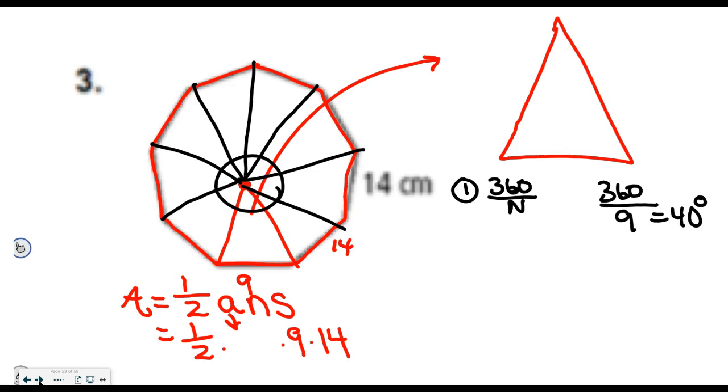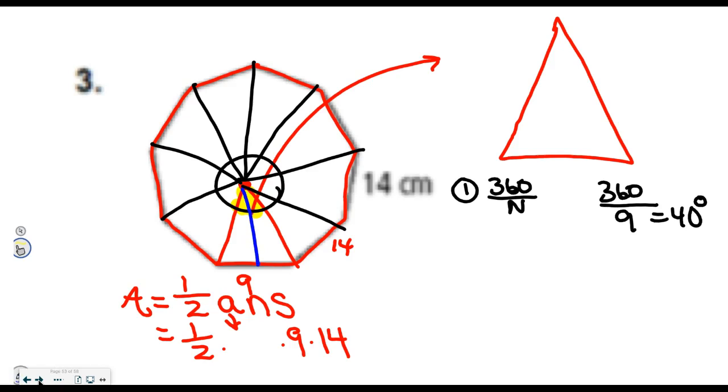All right, so we have a 40-degree angle, and that angle is this whole piece right here. So we need the apothem, and remember the apothem is what we get when we drop that height down in there. We don't have that, but the minute I drop the height, what did I just do to the angle? I cut it in half.